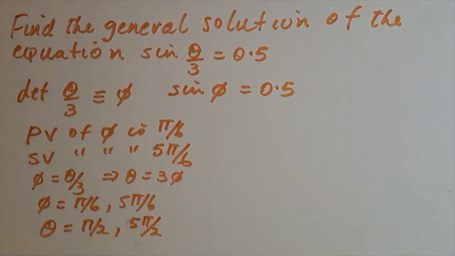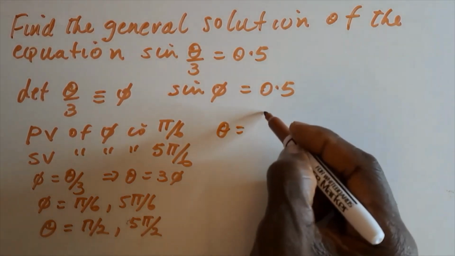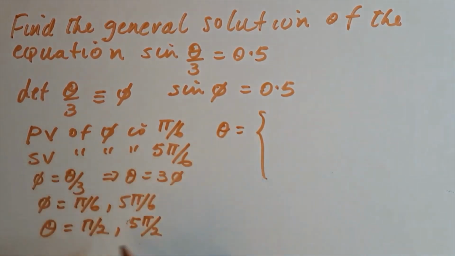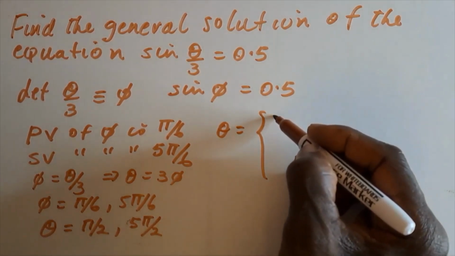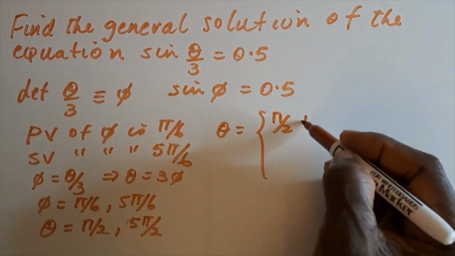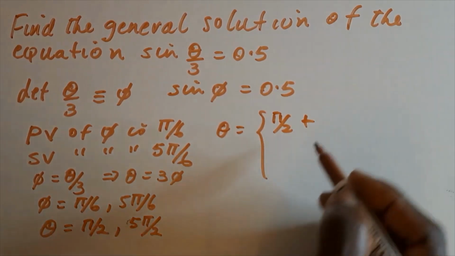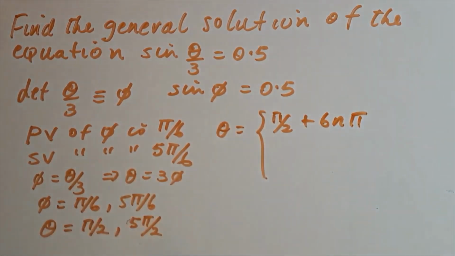We'll also extend the range of values for theta by the factor of 3. So theta now has the principal value pi over 2, and instead of 2n pi, we have 3 times that amount, which gives us 6n pi.